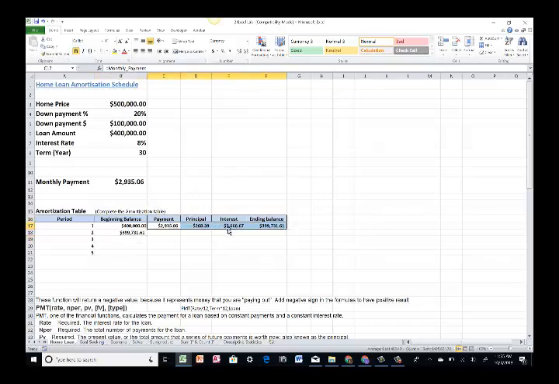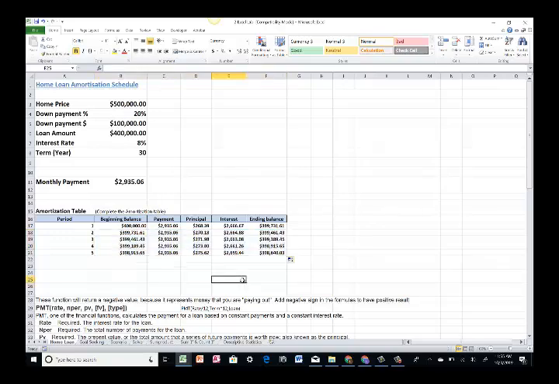I can just select the payment, principal, interest, and ending balance and copy one row down. Now, since I have the formula for the beginning balance right here, I can copy the whole row of the beginning balance, payment, principal, interest, and ending balance formulas all the way to month 5.